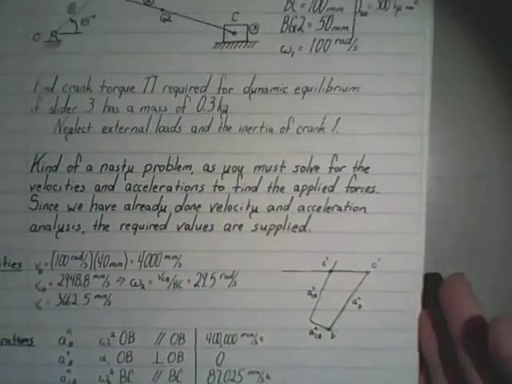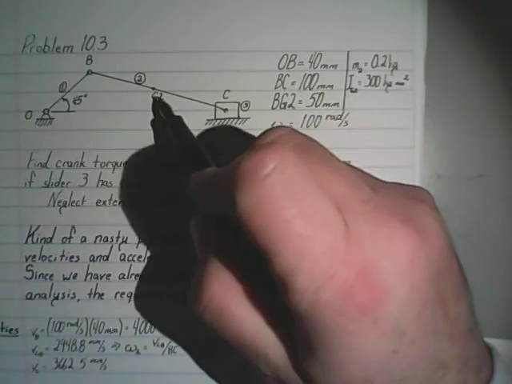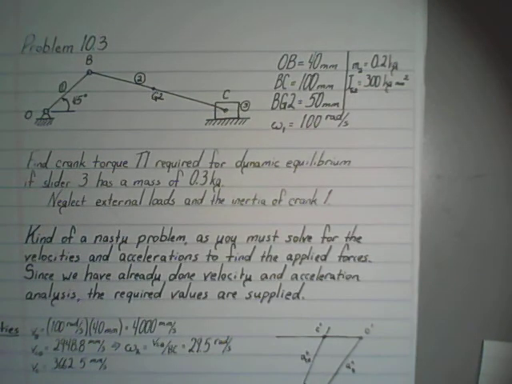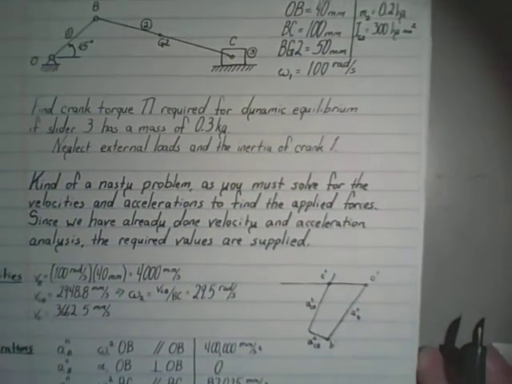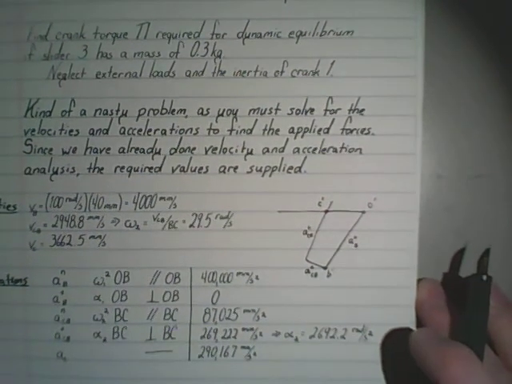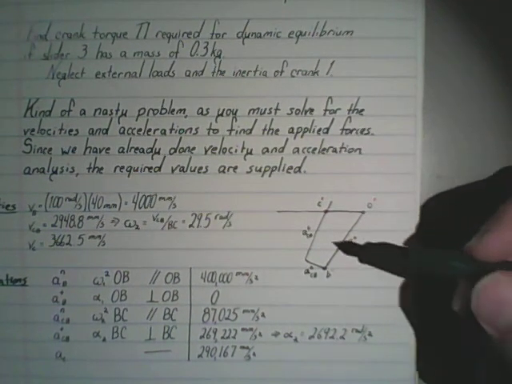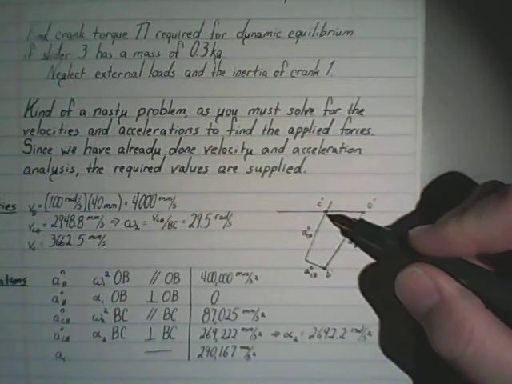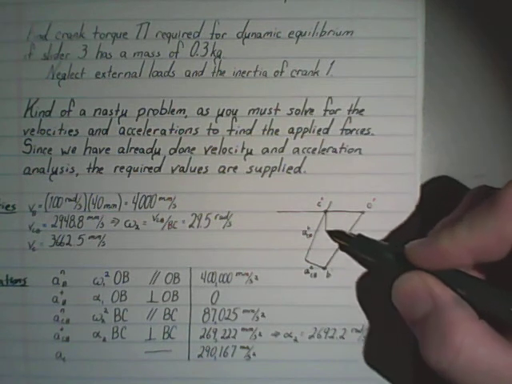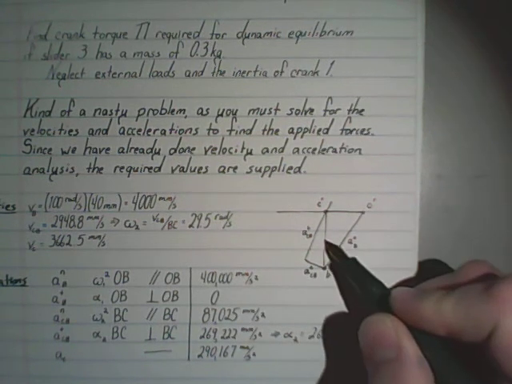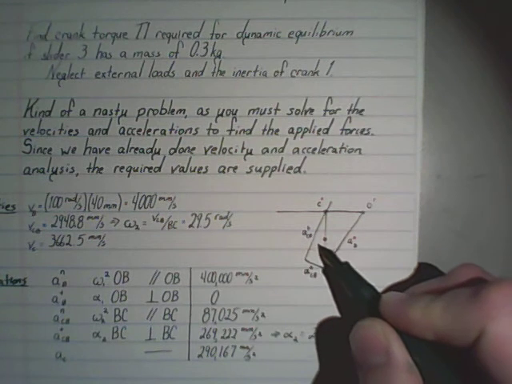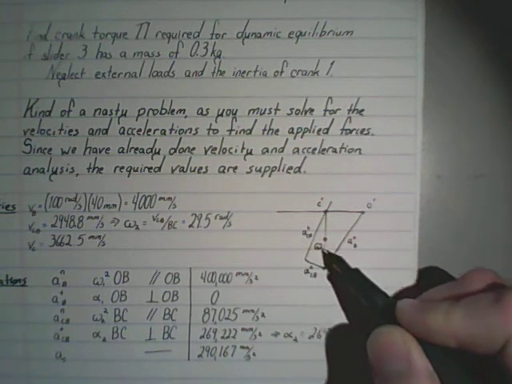But what I need is the acceleration of this point, the center of gravity of the conrod. It is geometrically exactly between points B and C. So on the acceleration polygon, it is also between points B and C. If I sketch a line between those two and go to its center, that is G2.